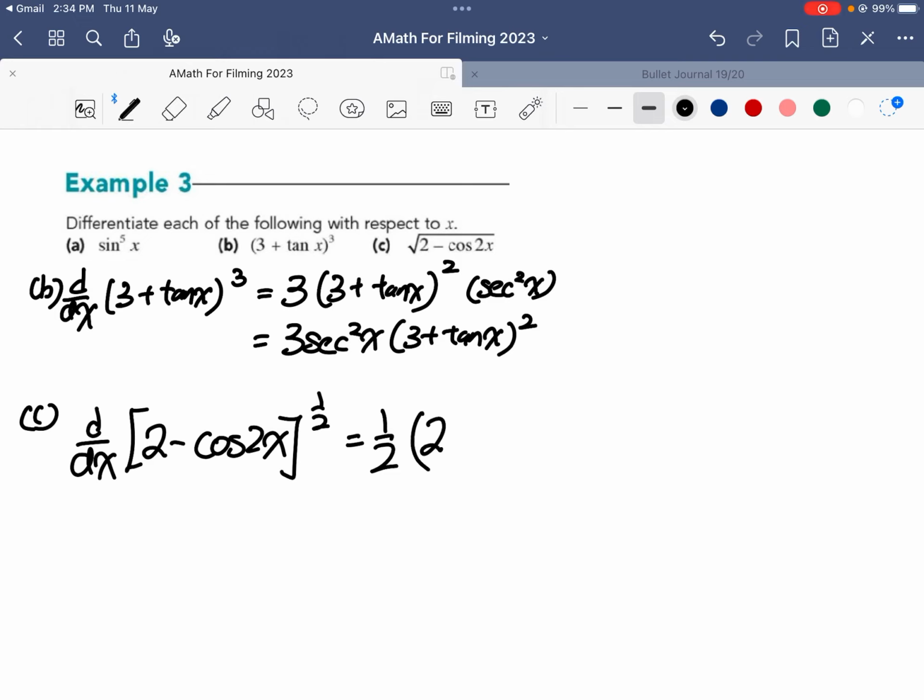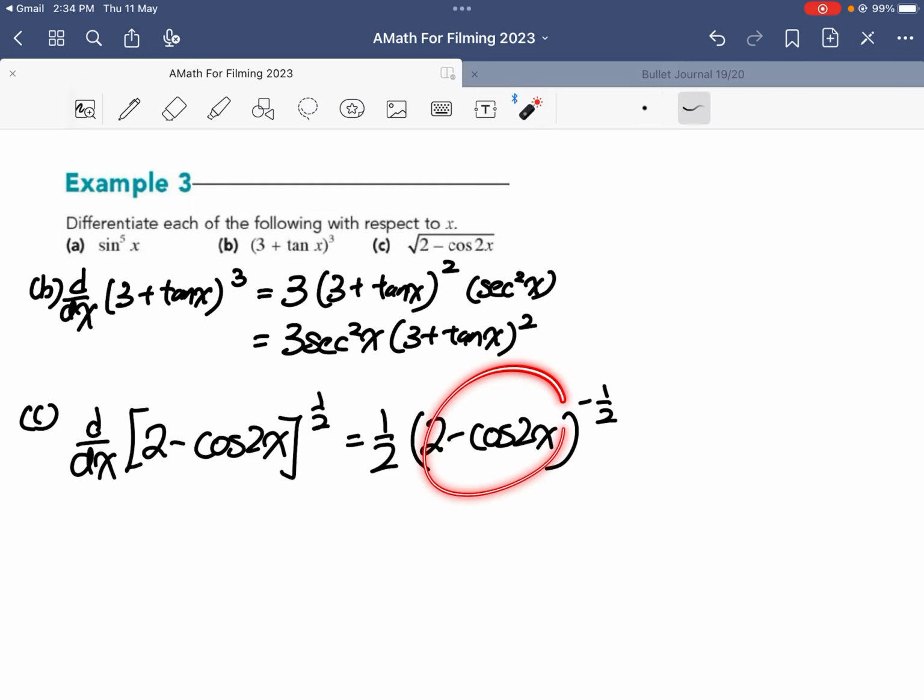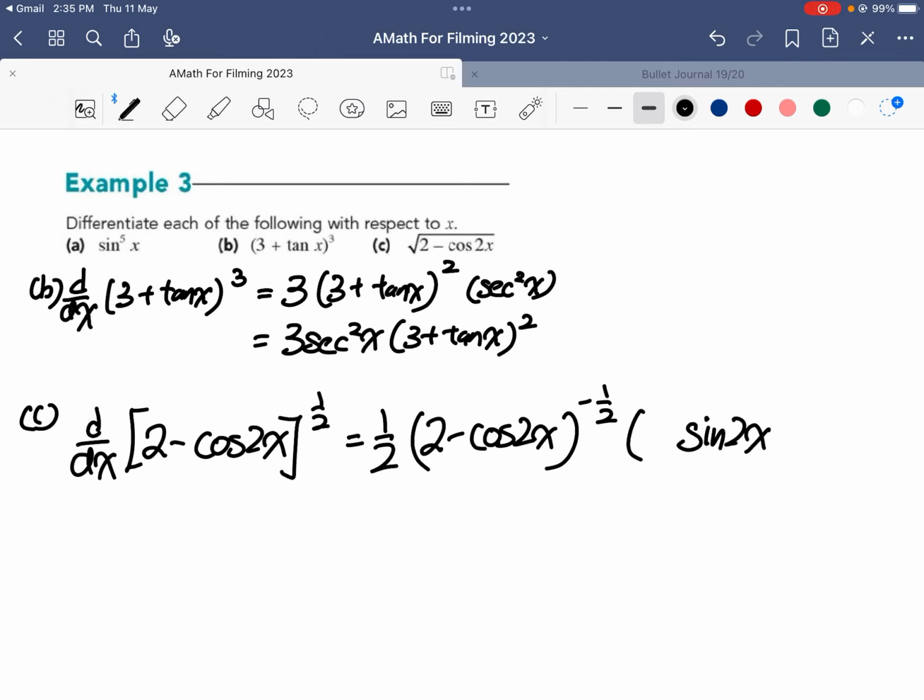Then we are left with 2 minus cosine of 2x, then power negative half. This power, half minus 1, is negative half. We still need to differentiate what's inside the bracket. Cosine differentiated gives you negative sine, so negative cosine differentiated gives you positive sine of 2x.